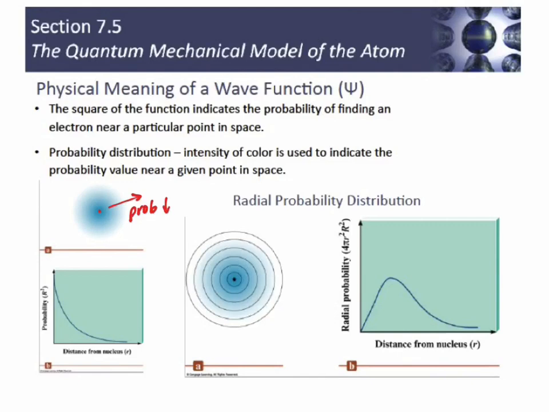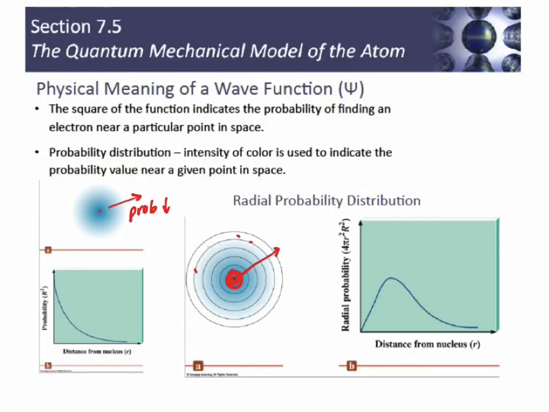That gradient shows our probability. You can also see that in this other one over here. Again, as we go out, the probability decreases. We can see a lot here, being able to find it in here, but as we get out to the outer edges, our probability decreases.